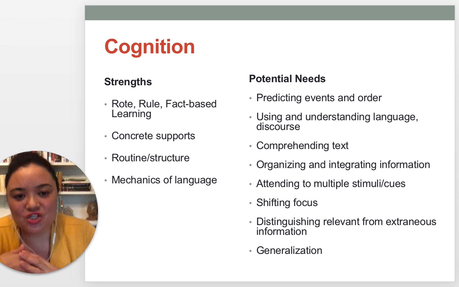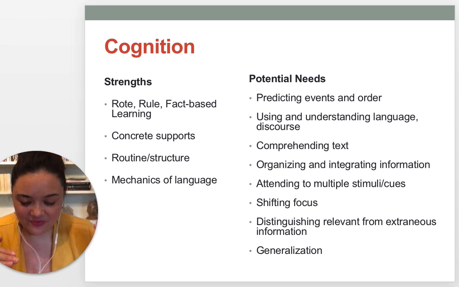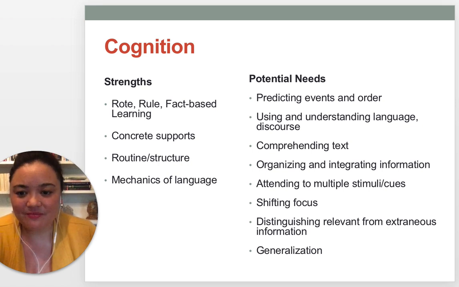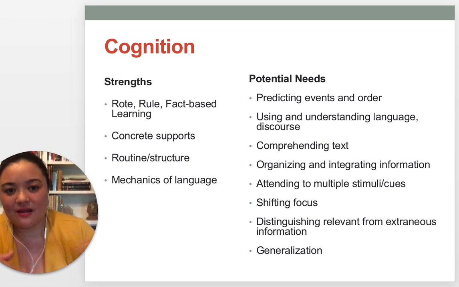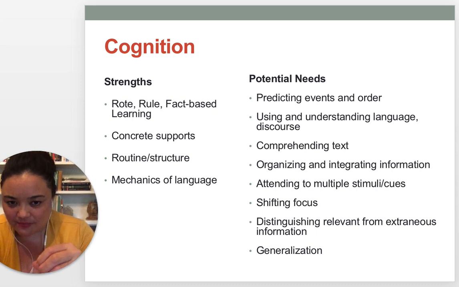Right. So imagine you're working in an assembly line and you're making cupcakes for a school baking fair, right? And each person has their job. So the individual with autism is at the end and puts the icing on top, right?